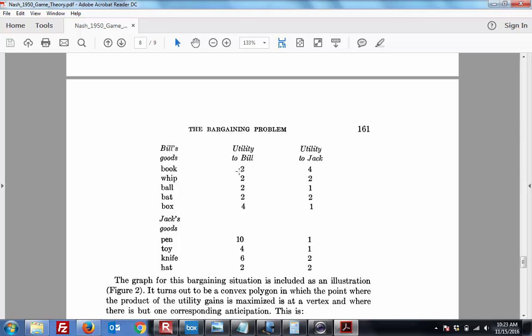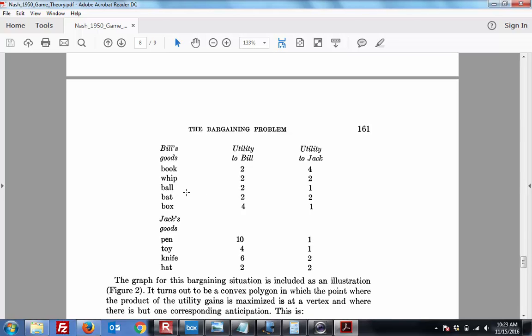Bill has already read the book, so it's just got a value of 2 to him. Jack hasn't, because he's about to take the class in the spring, so it's got more value. Bill has the bat, so he doesn't necessarily need the whip, though he still needs a weapon. Jack could take it or leave it, because he's got a knife.